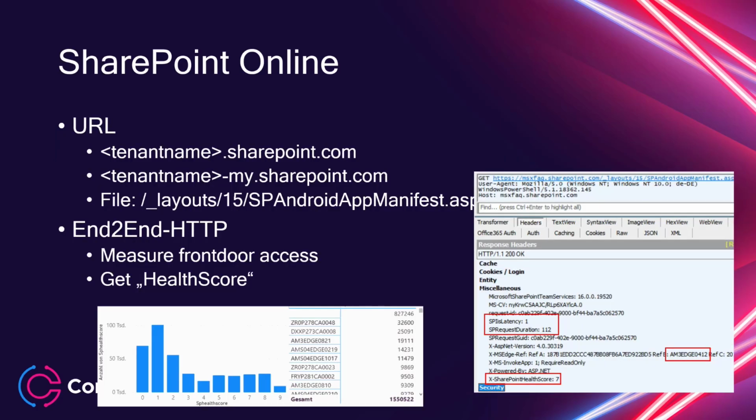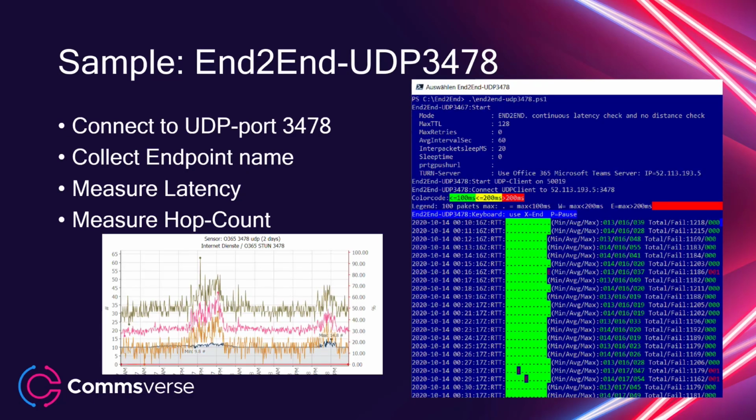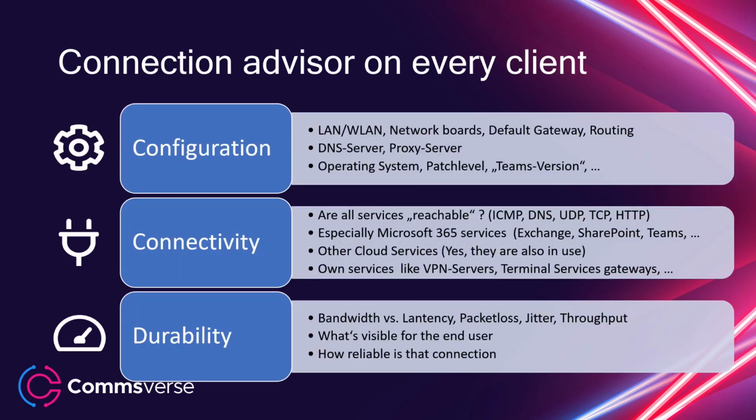The same is for SharePoint. If you want to measure SharePoint, these two headers are always in every SharePoint response. I can simply grab that. I can write pictures. I think I gave you an idea of what you should do in your network: make sure that your configuration is fine. That's something you can check and test.